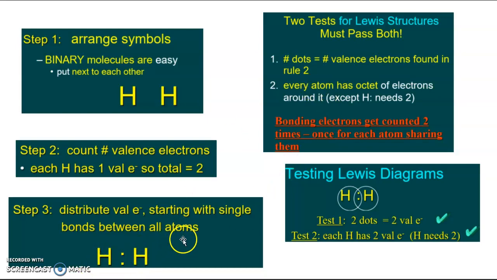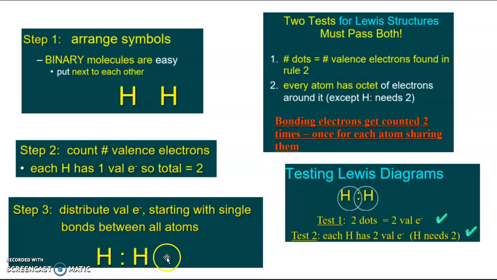What are the two tests that we have to do in order to see if this structure represents correctly the hydrogen molecule? First thing, the number of dots has to be equal to the number of valence electrons found in step 2. Let's see. Exactly. We have 2 valence electrons in the 2 atoms of hydrogen, and they are represented in the molecule.